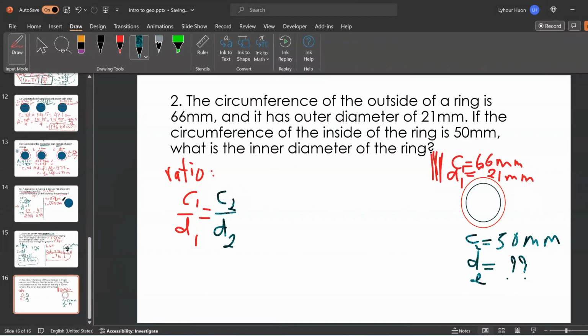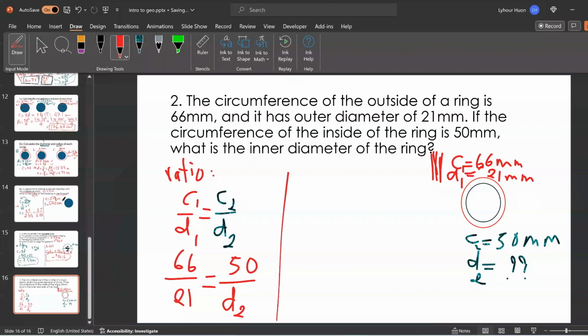So C1 is 66, D1 is 21, C2 is 50. D2 is what we are looking for, right? Yeah, that's what we're looking for. So when we have this kind of equivalence, 66 over 21 equals 50 over D2, we find D2.